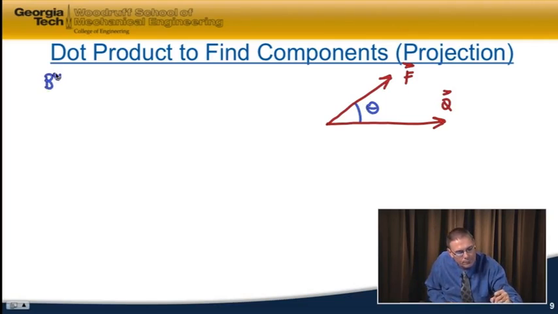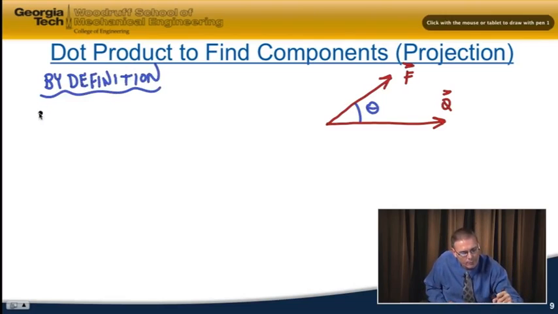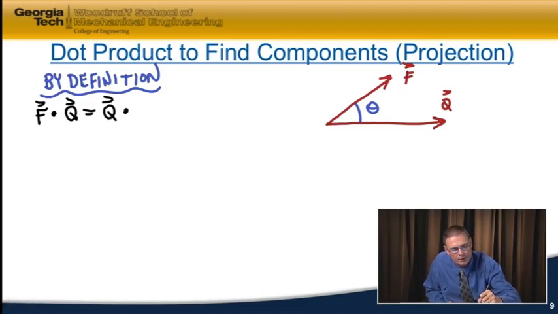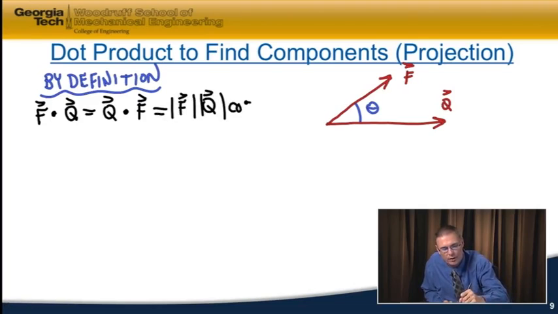So by definition, F dotted with Q is the same as Q dotted with F, and that's equal to the magnitude of F times the magnitude of Q times the cosine of the angle between them.